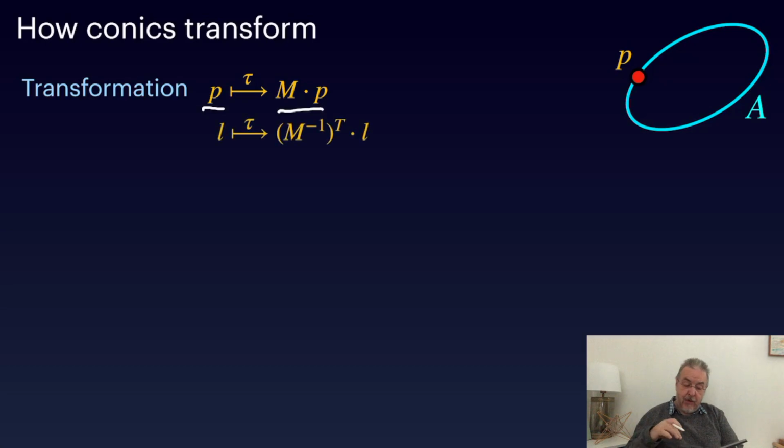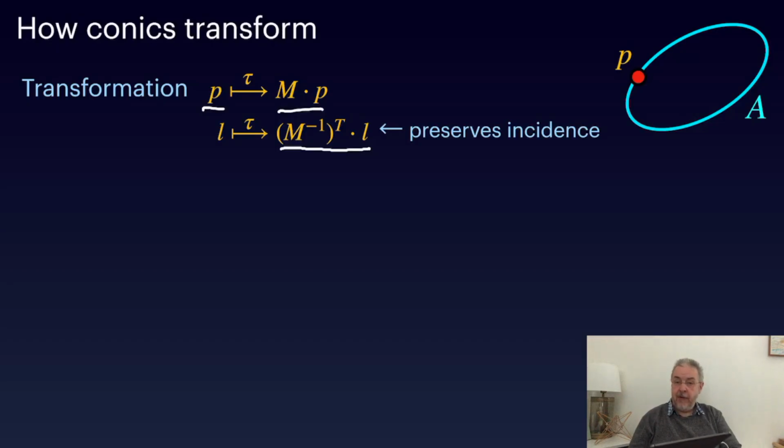And you may remember we extended this transformation to lines as well in a way such that incidences are preserved. So we figured out how we have to change the homogeneous coordinates of a line in order to preserve incidences between points and lines under projective transformations.